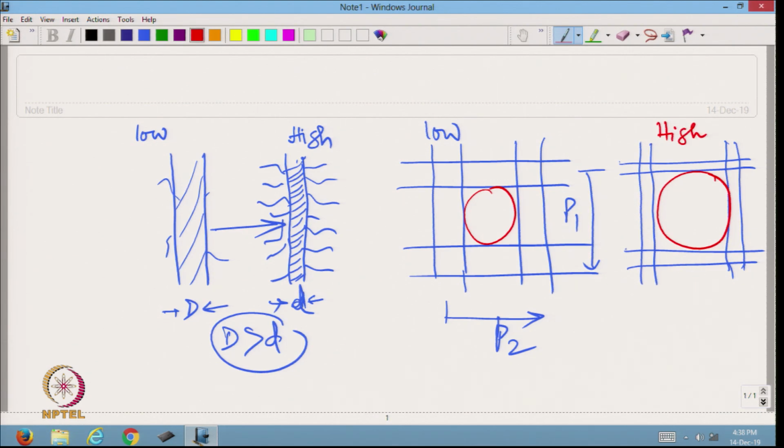ideally this fabric with high twisted yarn should have transmitted more and more UV ray, but at the same time the second factor comes into picture with hairiness increase.